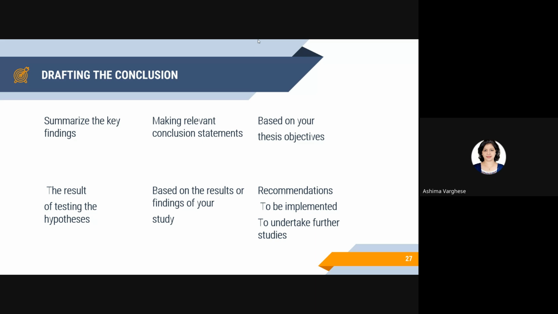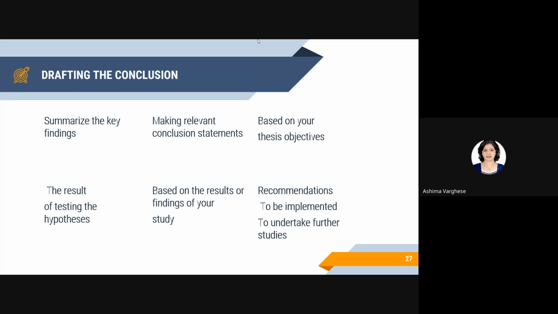Again, based on the results or findings of your study, you are supposed to gather the scope and the limitations of your study as well, because acknowledging your limitations and the future research scope should be included. Proper closure, final thoughts and overall remarks should be there in the conclusion chapter. Wrapping up the study is very important.